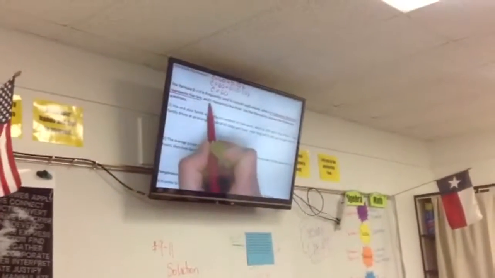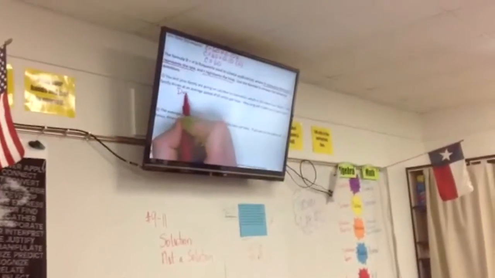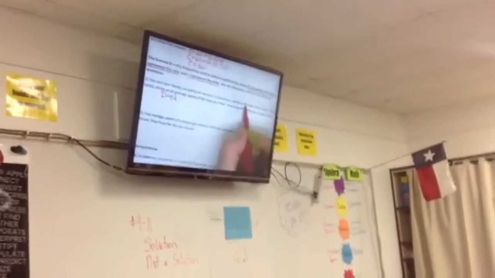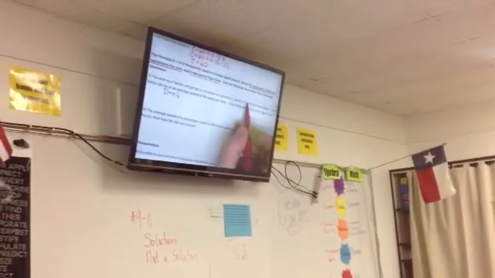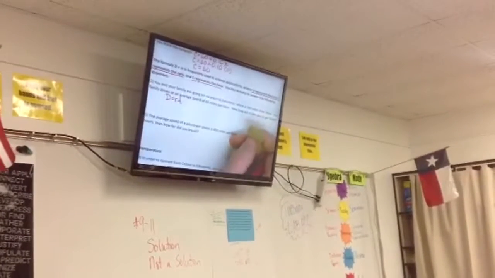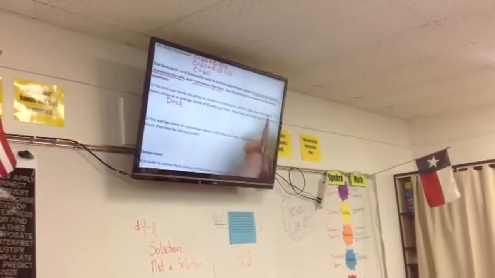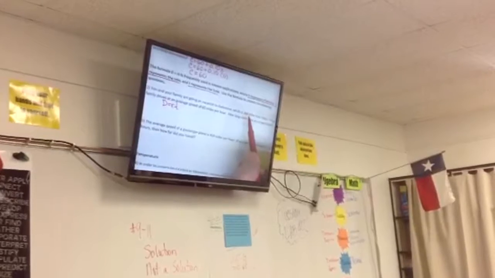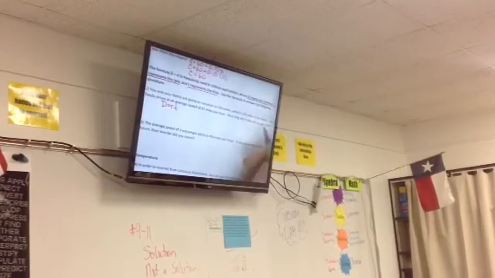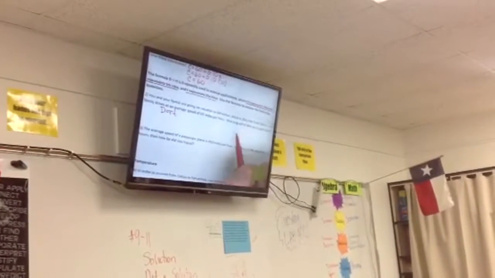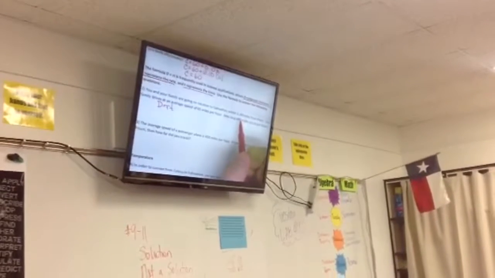And what does T represent? The time. Okay? So let's look at the numbers in this problem. Dallas told us we're going to use D equals RT. What does the number 260 represent? Is that D, R, or T, Teodric?